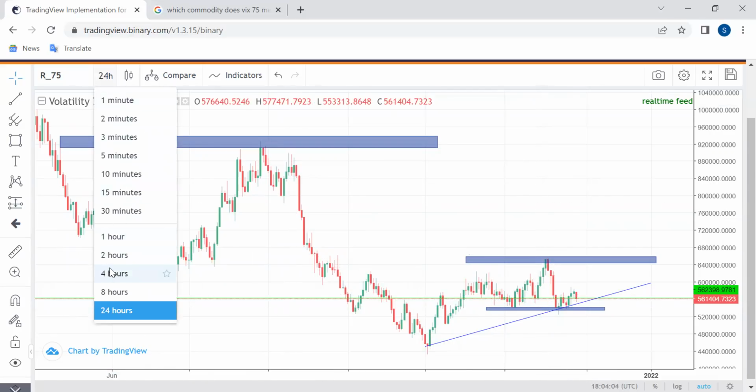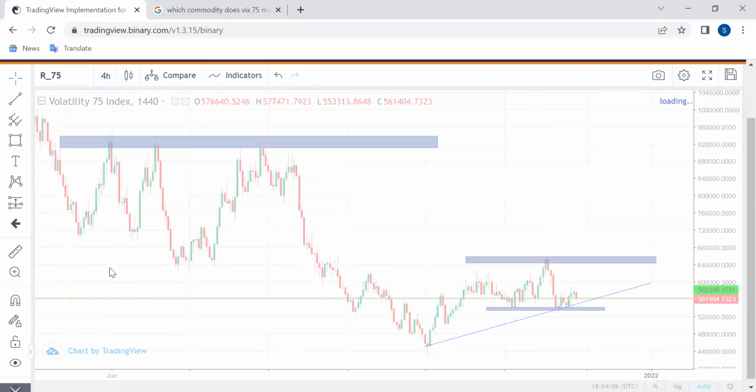Now you go back to the 4-hour time frame. I don't know if you can notice, but there has not been any vigorous movement in volatility 75 so far. Why? Because we are approaching the end of the year.